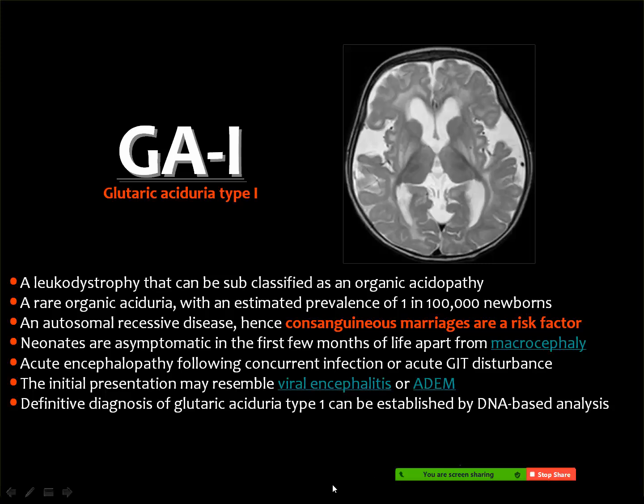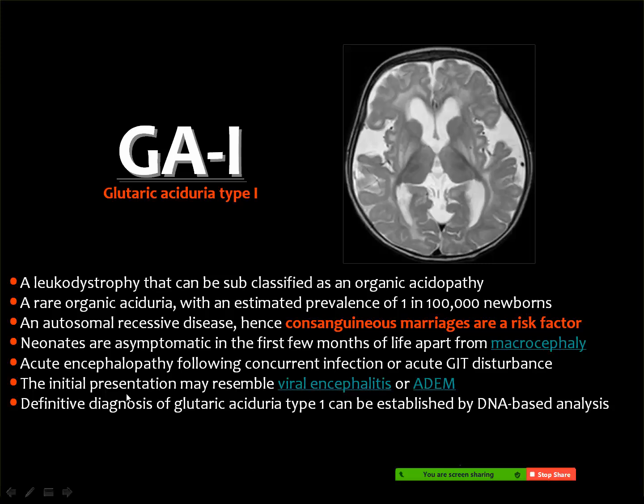This is an autosomal recessive, as I have mentioned, so consanguineous marriages are at high risk of developing this disease. Macrocephaly is one of the prominent features in this particular disease, and the patient may develop acute encephalopathy after infection or acute attack of GI disturbance.